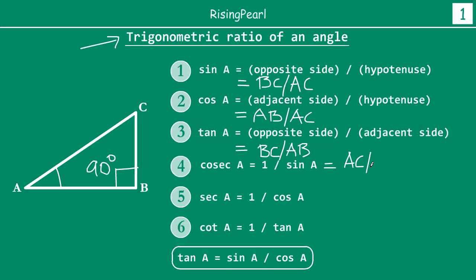Similarly, sec A is reciprocal of cos A, so it should be AC by AB. Now, for cot A, that is reciprocal of tan A, so it will be AB by BC.